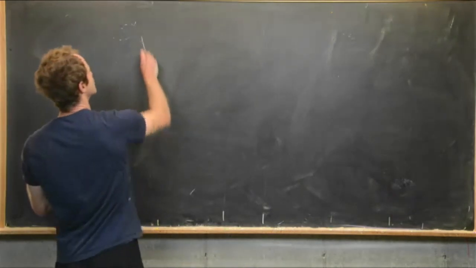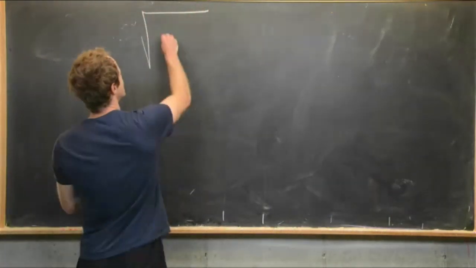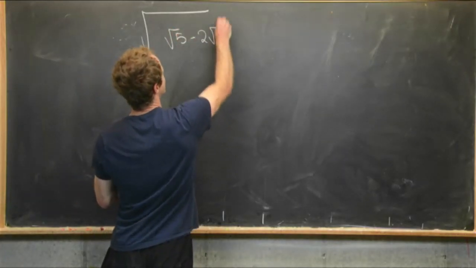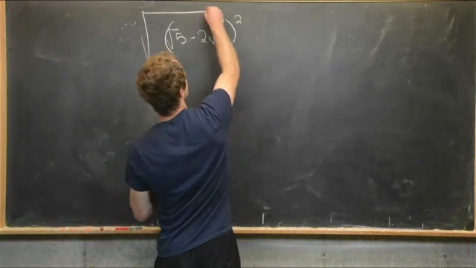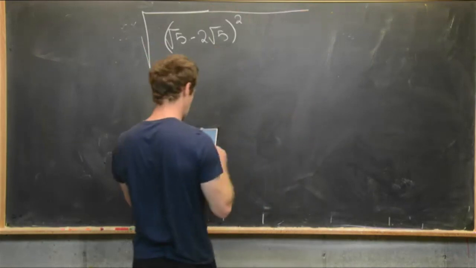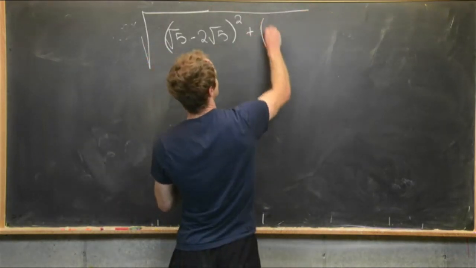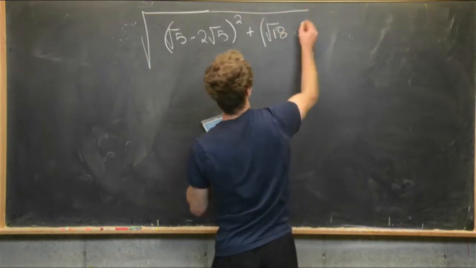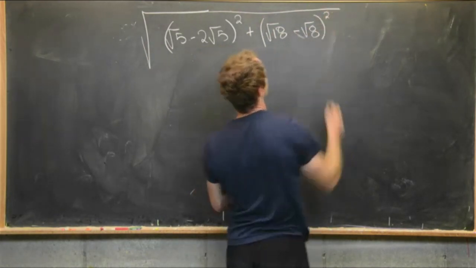We'll do the square root of, and then inside of that, we have the square root of 5 minus 2 times the square root of 5. And then we're going to square that whole thing. And then add to that the square root of 18 minus the square root of 8, and then we're going to square that whole thing.